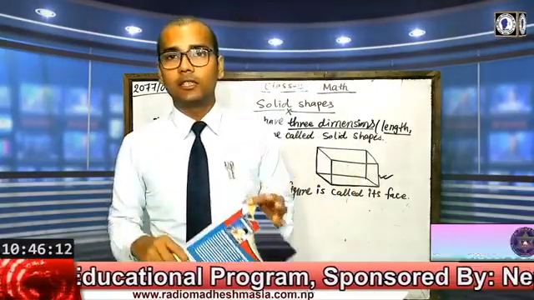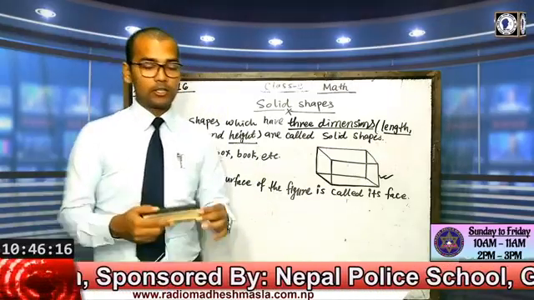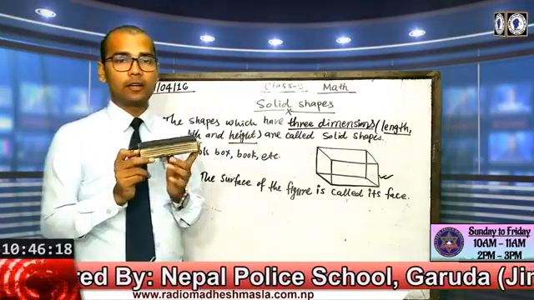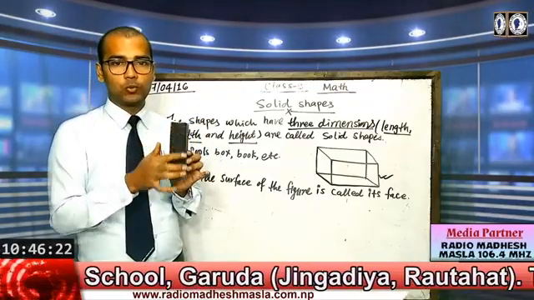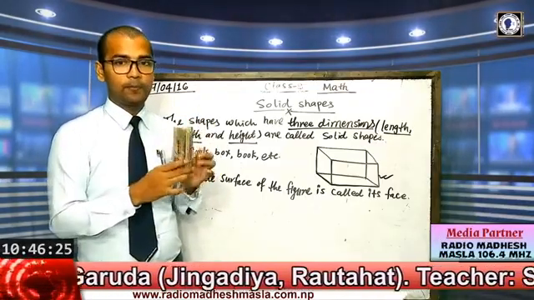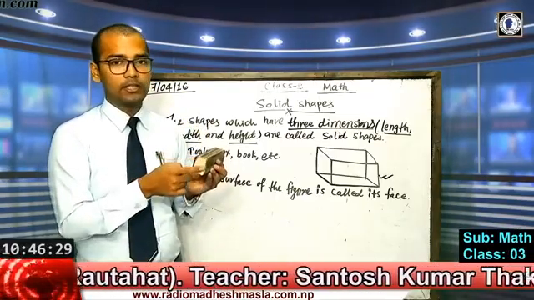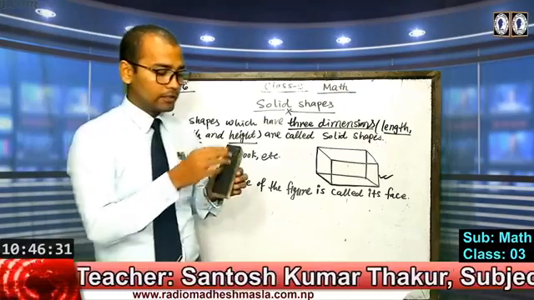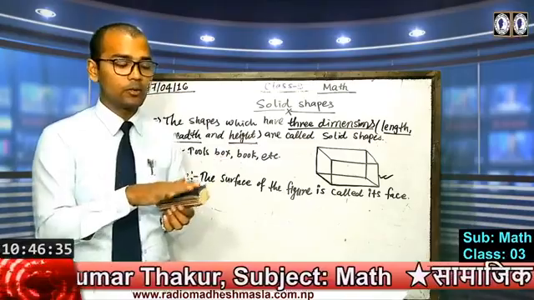There are 6 faces. In the same way, if we talk about the duster, in the duster also we can find 1 face, 2 faces, 3, 4, 5 and 6. These are the surfaces on which we can hold something.